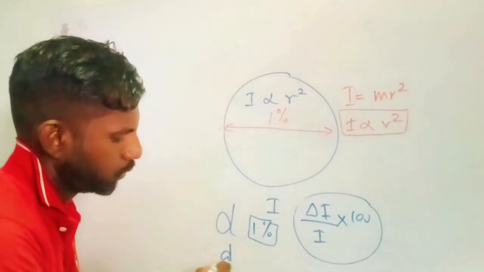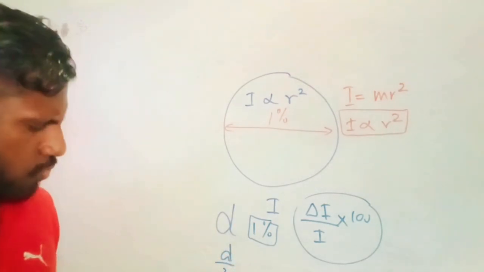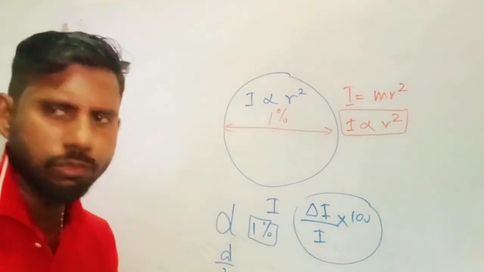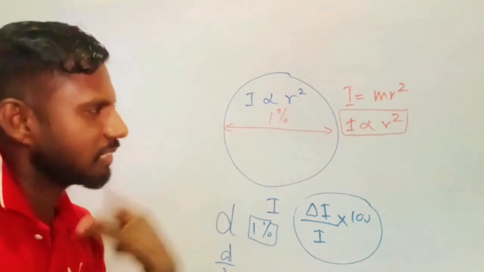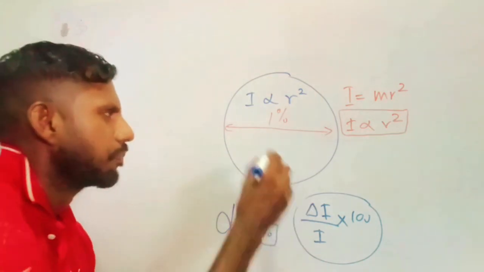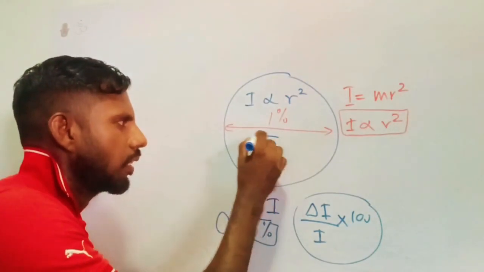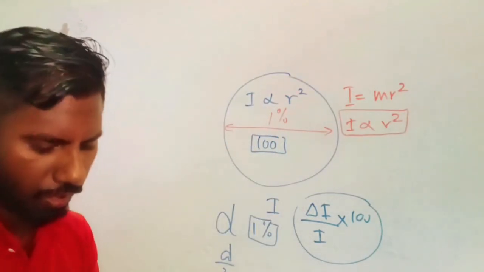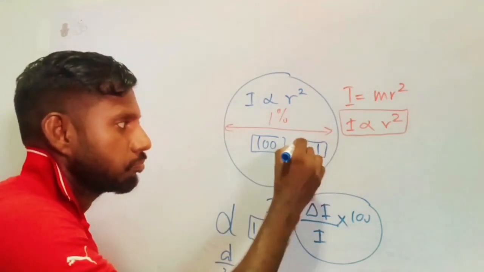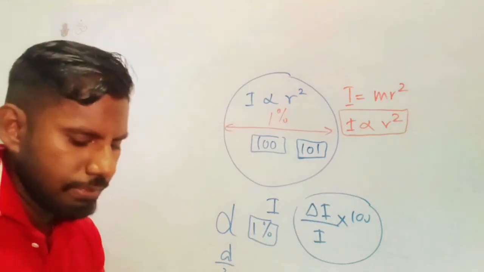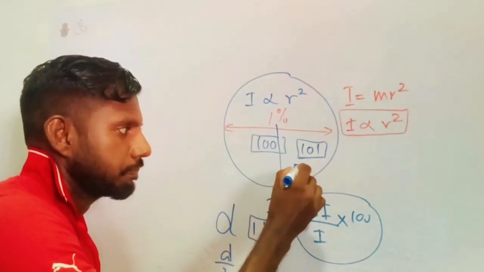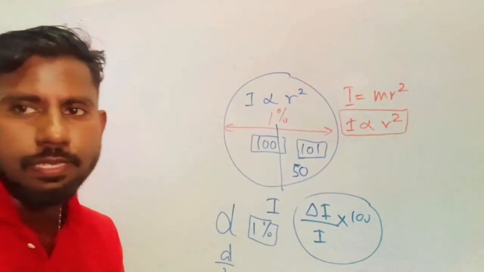If diameter d is increased by 1%, d by 2 will be increased by 1%, right? I should check that. That's the first question that should come into your head. Let's say this is 100 diameter, so it's increased by 1%, that means it's 101. Right? The radius was 50. Now what's the radius?